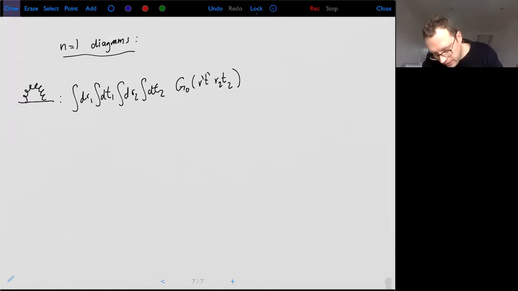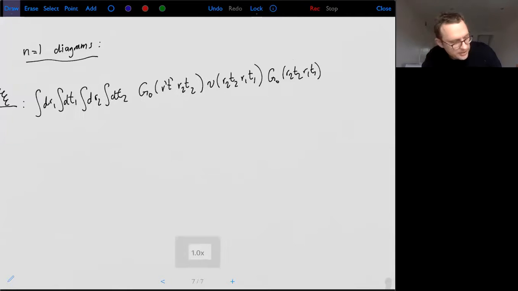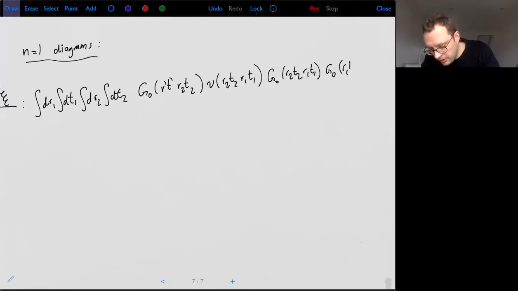I have an interaction that goes from r2 t2 to r1 t1. I have another Green's function that goes from r2 t2 to r1 t1, and then I have another Green's function which goes from r1 t1 to rt.